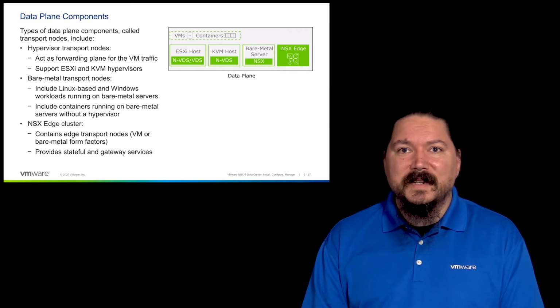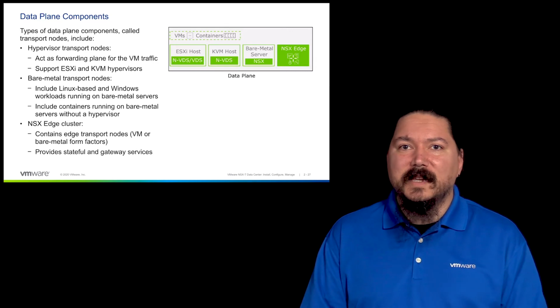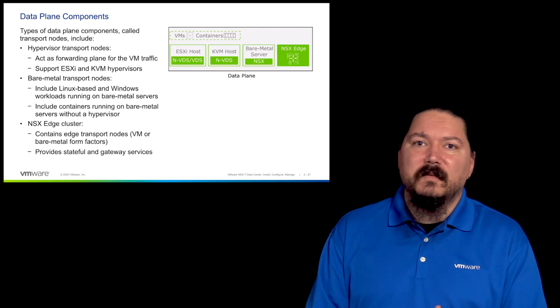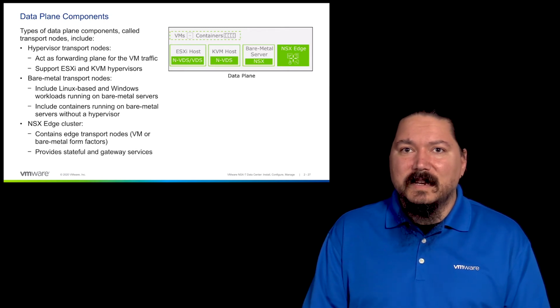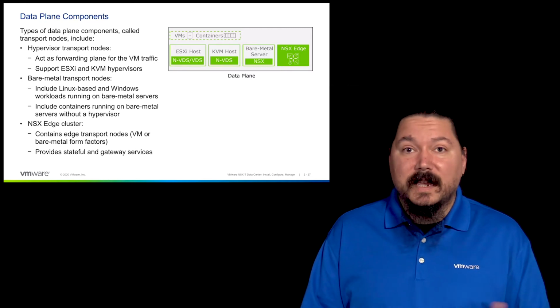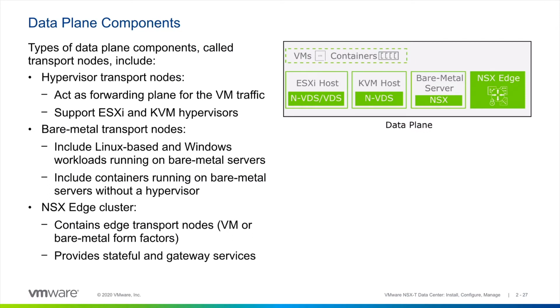We have a whole big set of discussion going on there, but an edge node is a pool of compute resources that we can set aside for network services: load balancers, NATing, uplink routing, right? Things that I do in the network that can't be distributed, or at least can't be distributed easily. And then we also have, in the context of NSX-T, bare metal server transport nodes, and these can be Linux or Windows server machines that have the NSX components installed and are actively participating.